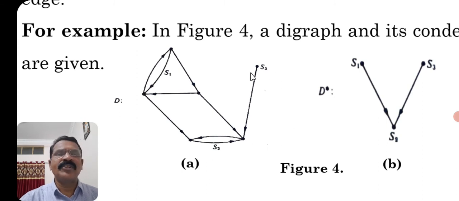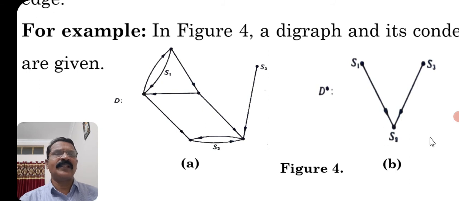First you have to identify the maximal strong components of the digraph. How many strong components are there in this digraph? S1 is one strong component, S2 is another, and S3 is another. The strong components of the digraph D represent the vertices of the condensation of the digraph D, which is denoted by D star.